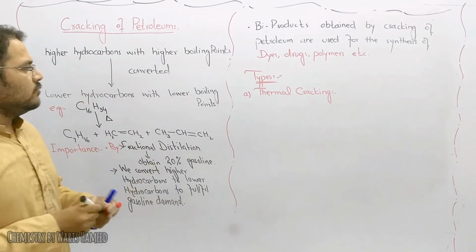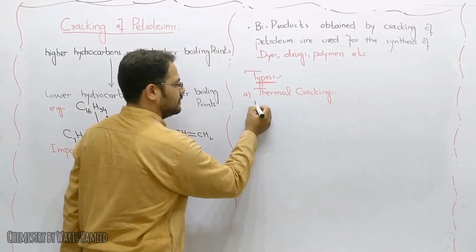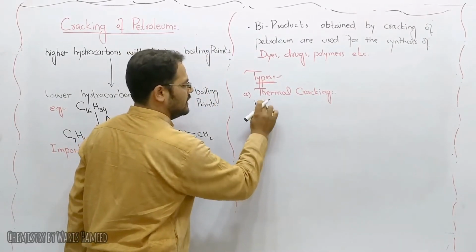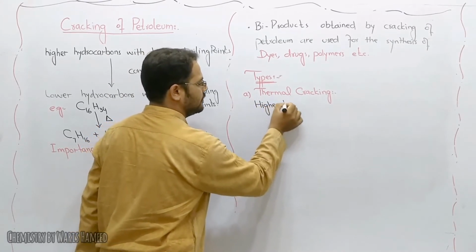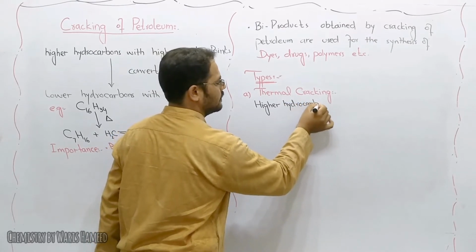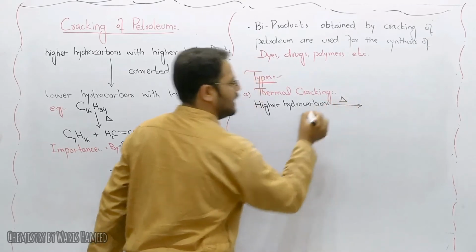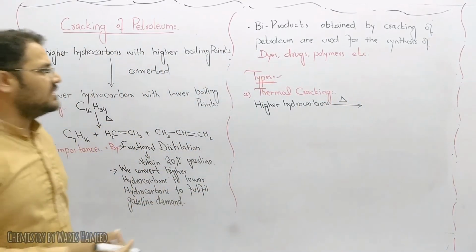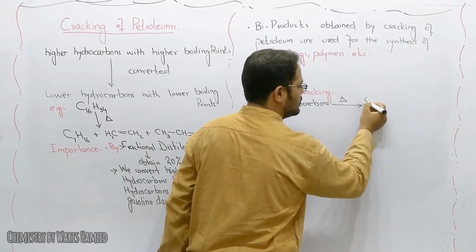In thermal cracking, we add heat to higher hydrocarbons. The higher hydrocarbons are heated at higher pressure and temperature, and are converted into smaller hydrocarbons.